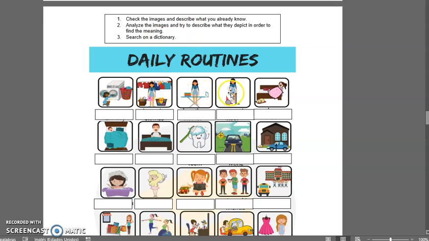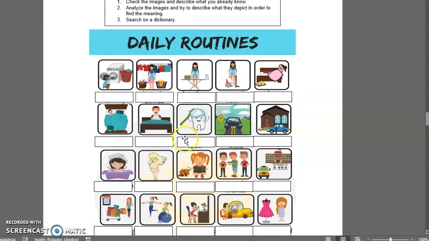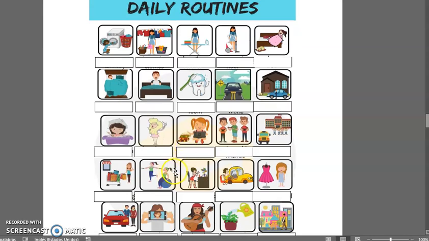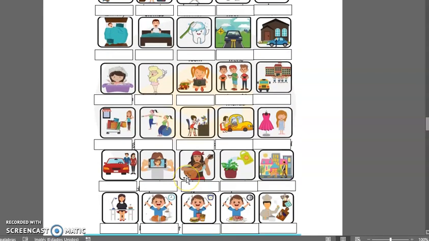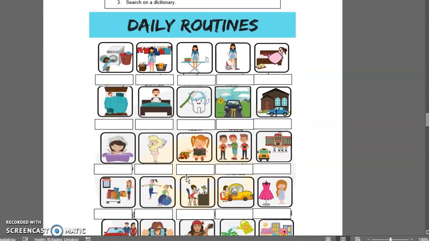For the images you already know, you're going to write the expression, the words that describe the image. For example, let's say, which one? Okay, this one, make the bed.